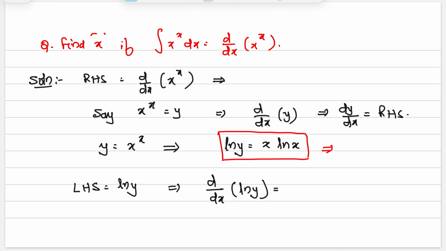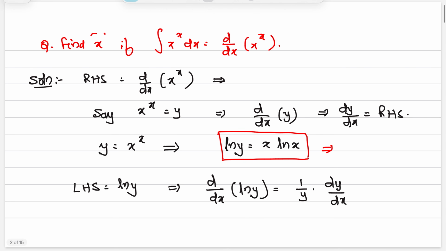Y is equal to x to the power of x, that is nothing but y is equal to a function of x. Then d by dx of ln y will be 1 by y, d by dy of ln y into dy by dx.